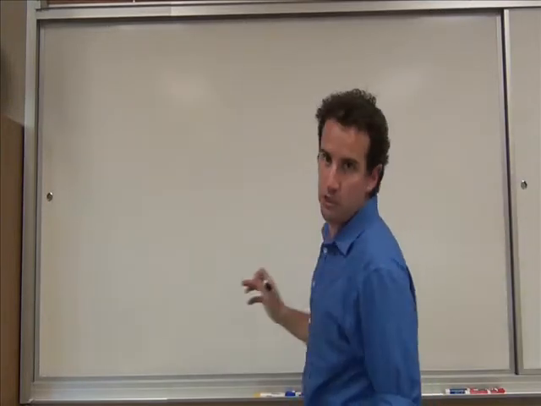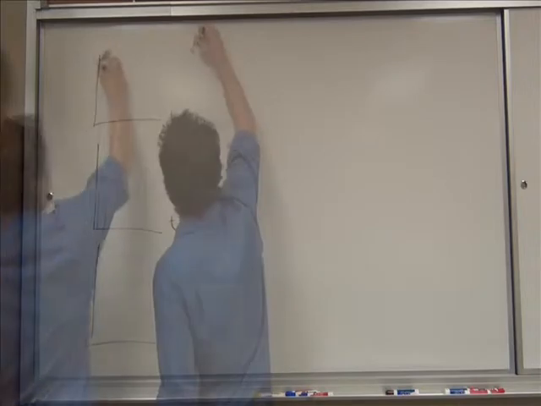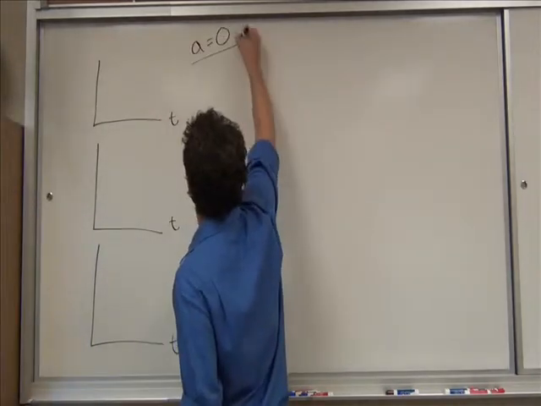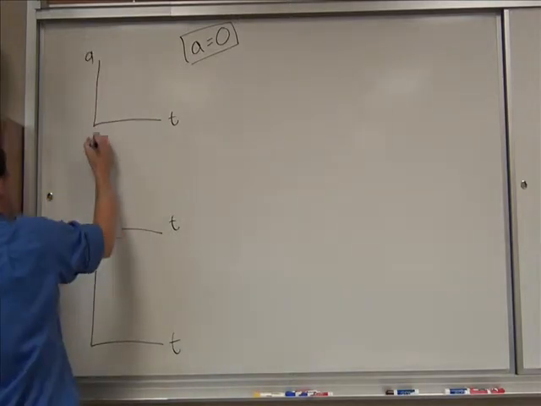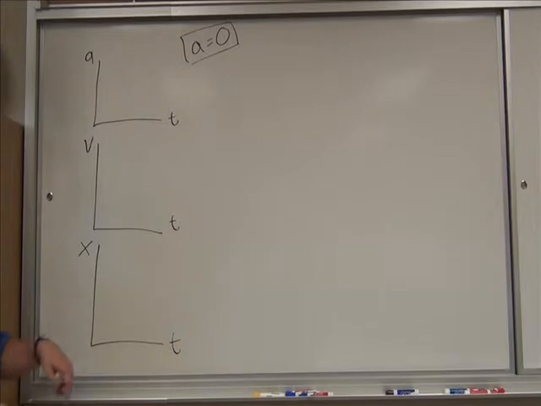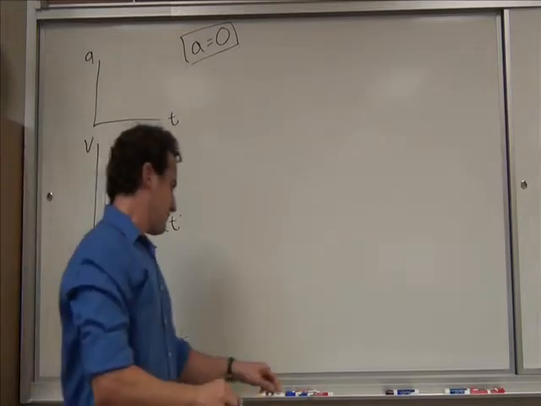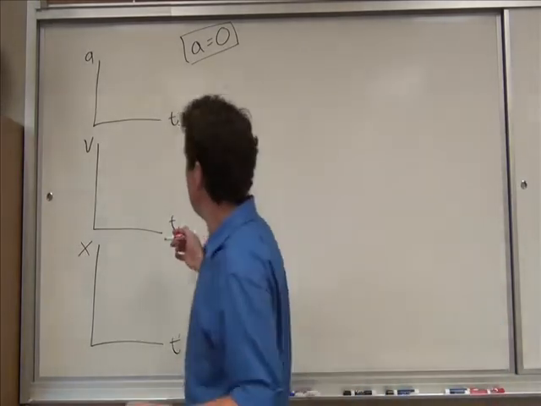These formulas can be shown on graphs. I'm going to do that at this time. First, for this case, acceleration is 0 on these three graphs. This is a graph of acceleration, a graph of velocity, and a graph of distance, putting x on the y-axis. If the acceleration is 0, the acceleration is 0.